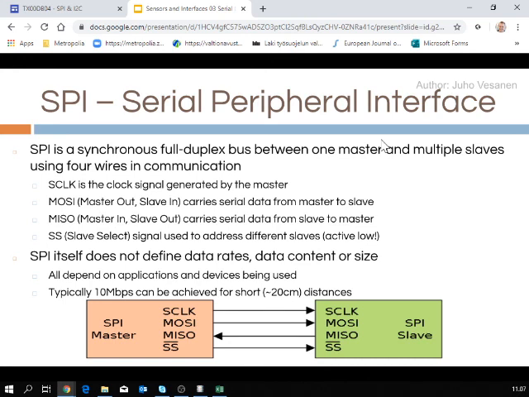In SPI, you have 2 data lines. One is called MOSI, master out, slave in. Then you have another line, MISO, master in, slave out.